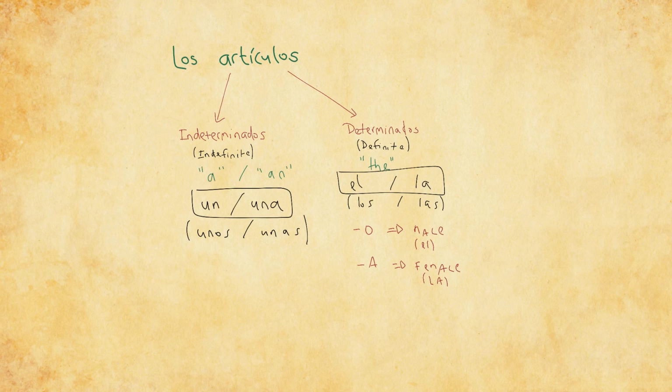While the uses are kind of similar in both of these languages, there are some exceptions or some special things, but the most important difference between the articles in English and in Spanish is that while in English you only differentiate between their definiteness, in Spanish, besides their definiteness, you also need to differentiate between their gender. So it's either el or la, or if it's something indefinite, it's un or una.